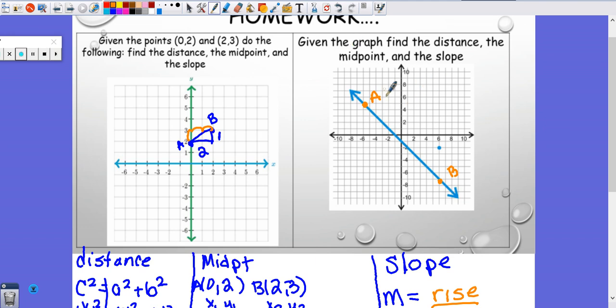So that means my A is -6 and 5. And my B is 6 and -7. Okay, so those are my 2 points.